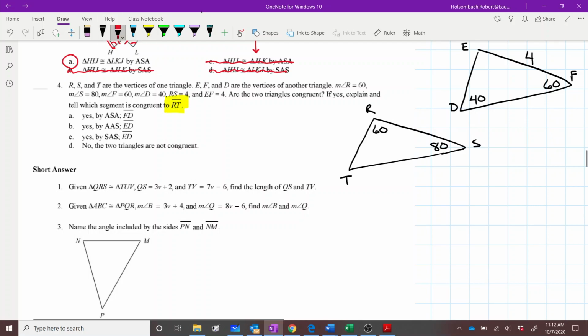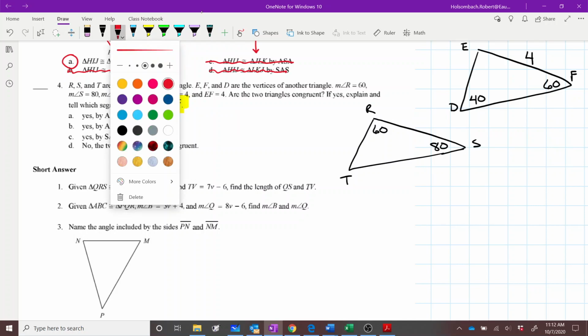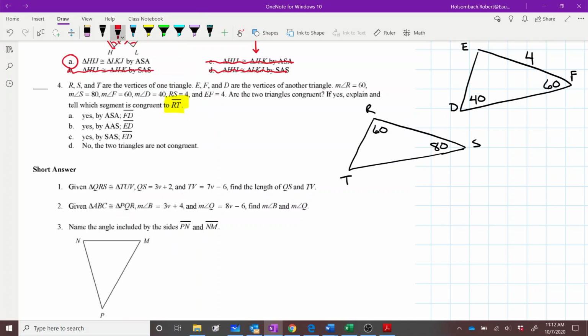So let's take a look at these triangles. In the triangle on the left, we've got a 60 and an 80 angle, which means our third angle is going to be, 80 and 60 is 140, our third angle is going to be 40.